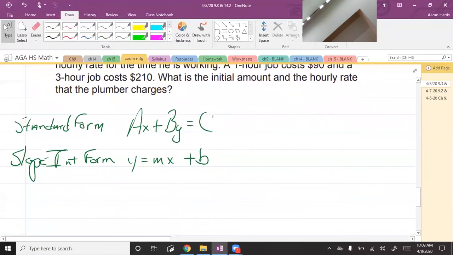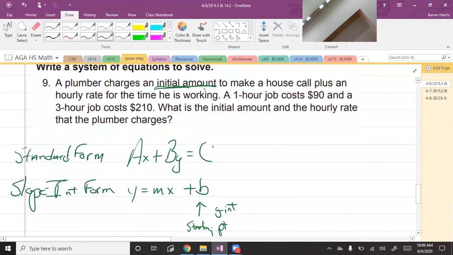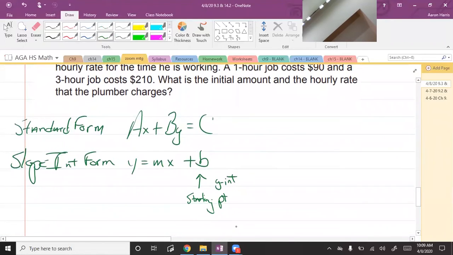Well, in here, we know that this is always what? Yes, it's our y-intercept, but we also call that our starting point. And look, initial amount, the word initial is where we start, so starting point, okay? And then the slope is our rate of change.